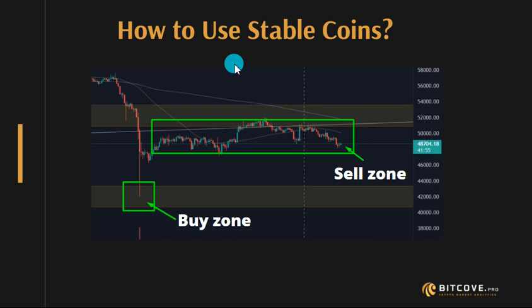So here we can see how exactly we can use stable coins to make profits on the market crash. As I said before, here we have the support level that I put on the chart. So what we do, we set our limit orders on the exchange from 43 down to 42, 41 level. Just a few limit orders right here.